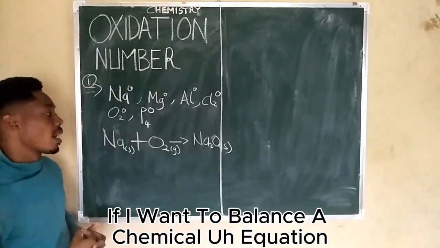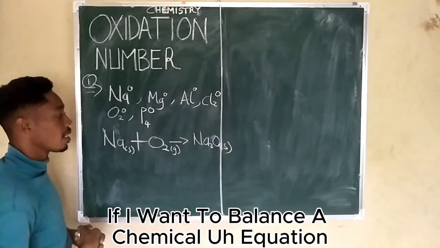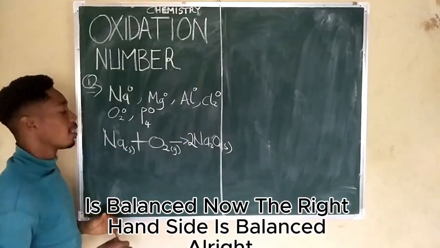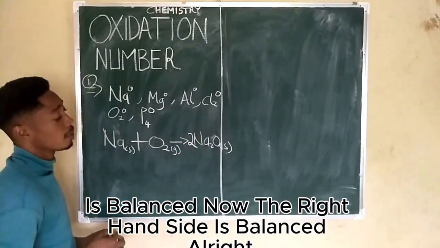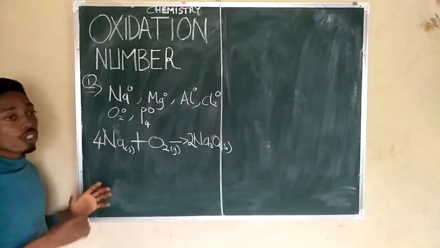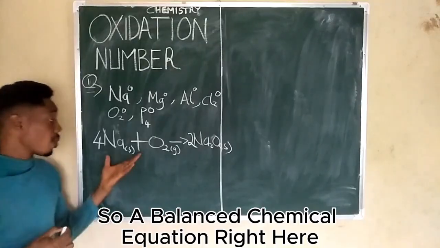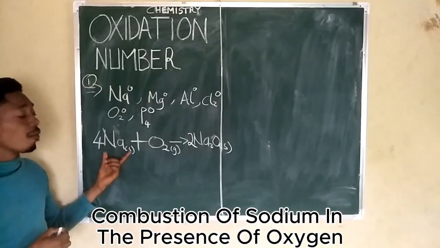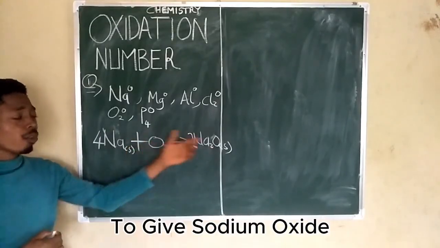If I want to balance the chemical equation, the right hand side is balanced. The left hand side, I'm going to put 4 here. So a balanced chemical equation right here to illustrate the combustion of sodium in the presence of oxygen to give sodium oxide.